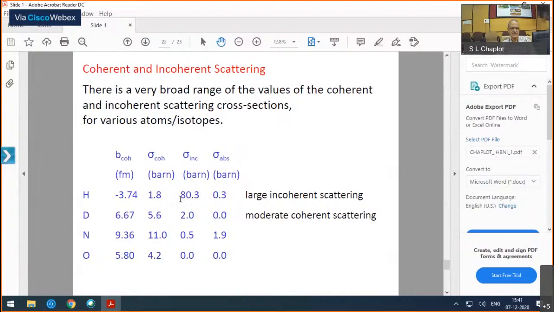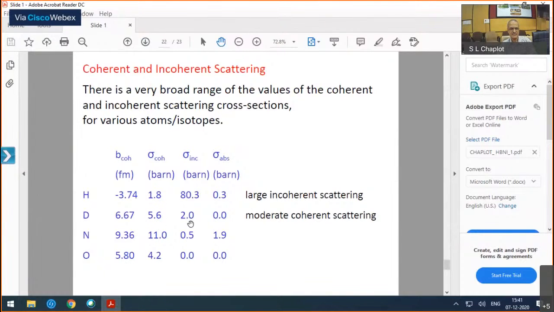If you are interested in the interparticle or collective dynamics, then one should really avoid the isotopes which have large incoherent scattering, and so often you need to deuterate the sample if you're interested in the collective dynamics of the corresponding molecules.